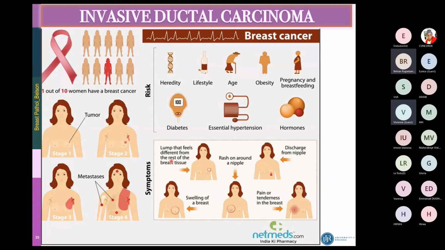So there are risk factors which we have also talked about: heredity, lifestyle, age, obesity, pregnancy, and breastfeeding. Murabyumva utaratwise cyangwa utaraonkeje. Hormones, estrogen cyane cyane, essential hypertension, diabetes, and so on. So symptoms: rash around the nipple, and you have a lump that feels different from the rest of breast tissue.